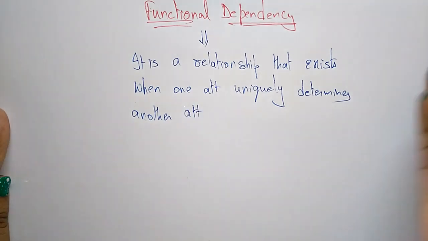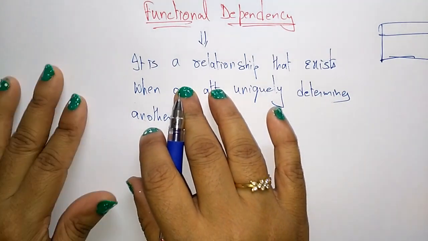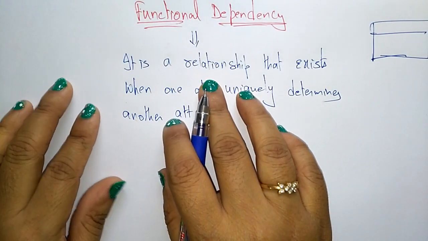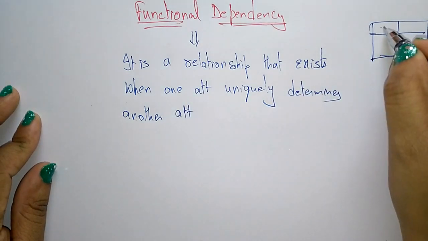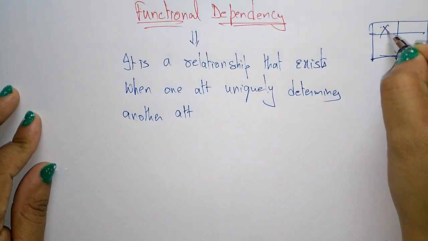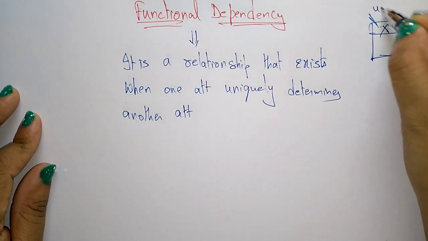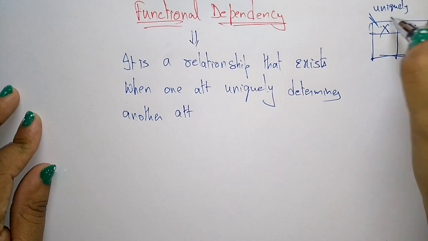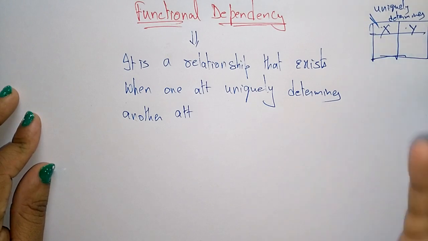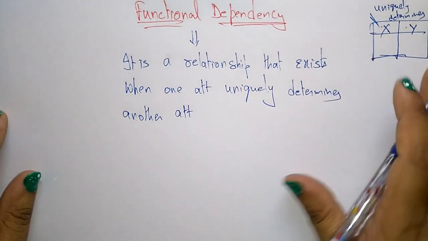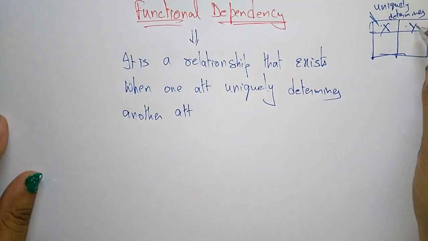So in a table, a functional dependency explains the relationship that exists when one attribute uniquely determines the other attribute. It means a dependency relation exists between these two attributes. Attributes are nothing but the fields that are present in the table.